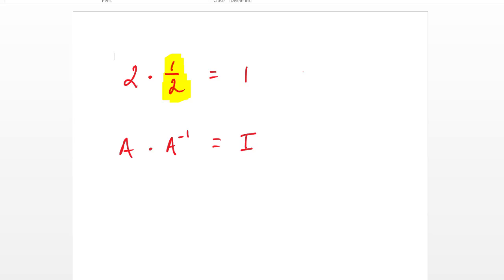Now, the way we represent a matrix inverse is through the use of the -1 exponent. You may have seen this before in other parts of math. Say x to the -1. If you remember your exponent properties, that means 1 over x to the first power. So that's the inverse of x. And so we can see that x times 1 over x equals 1.